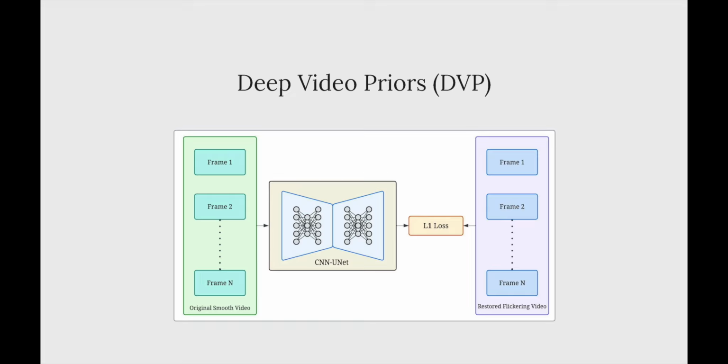In my experiment, DVP works very, very well. Not only does it work well on the average version of the parameters, which has less flickering, but it also works very well on the version of the video that has basically no deflickering.